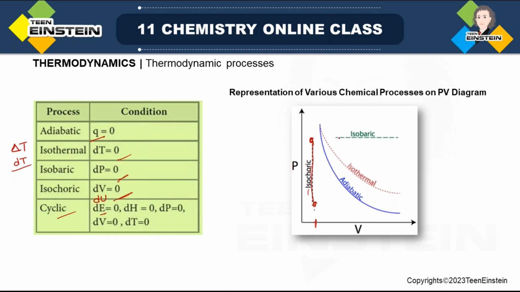Then if it is isobaric, now it will be parallel to the x-axis. And for adiabatic and isothermal, you will get these types of lines. Fine. Now, why in the case of adiabatic and isothermal we are seeing this type of difference, we will gradually be able to understand, not right now. Okay.